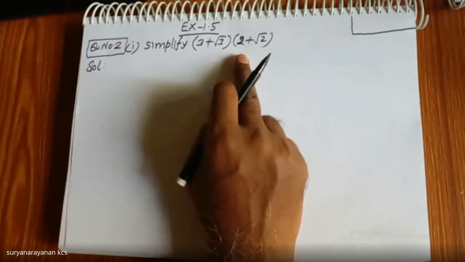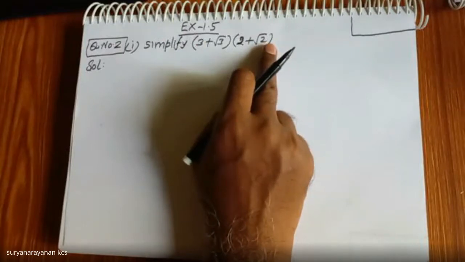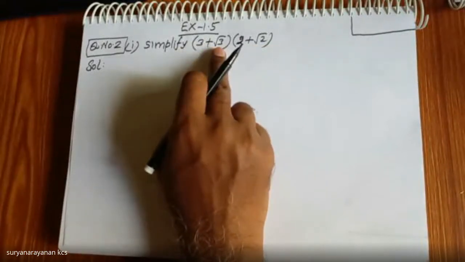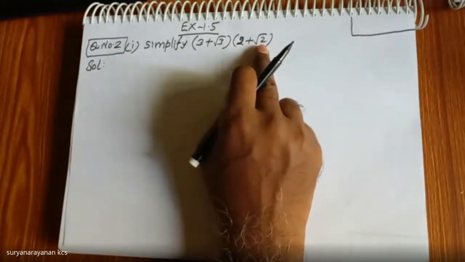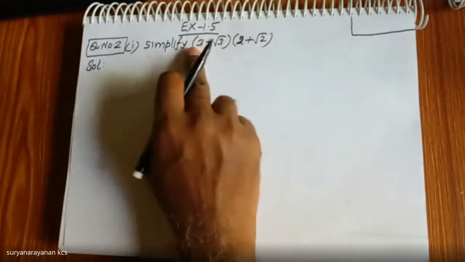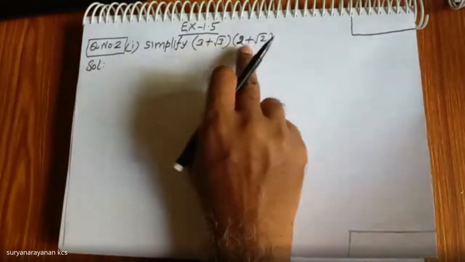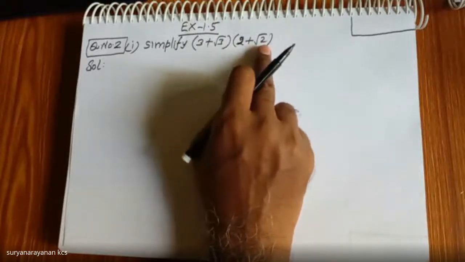As we multiply two algebraic expressions, we follow the same rules here also. We have to assume that this is one algebraic expression and this other one is the second algebraic expression. In the first, 3 is the first term and root 3 is the second term. In the second, 2 is the first term and root 2 is the second term.